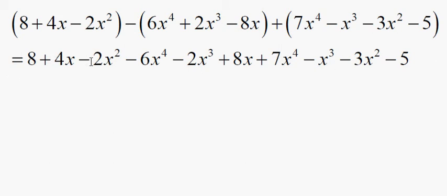So we'll work from this line to develop the third line, and we'll start off with the equal sign. What we're going to do is group the highest orders to the left and the lowest orders to the right. So we scan across and look for the highest order. Here's 4. Another 4. 4 is the highest order. So let's start with this first term, minus 6x to the fourth.